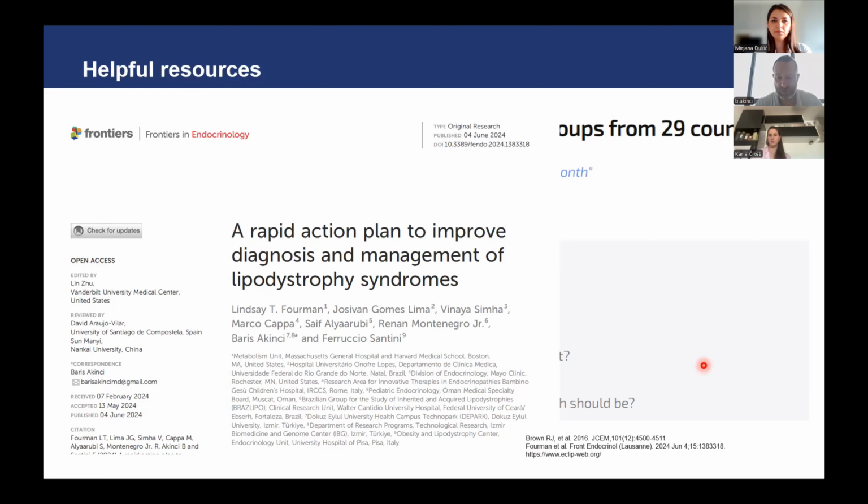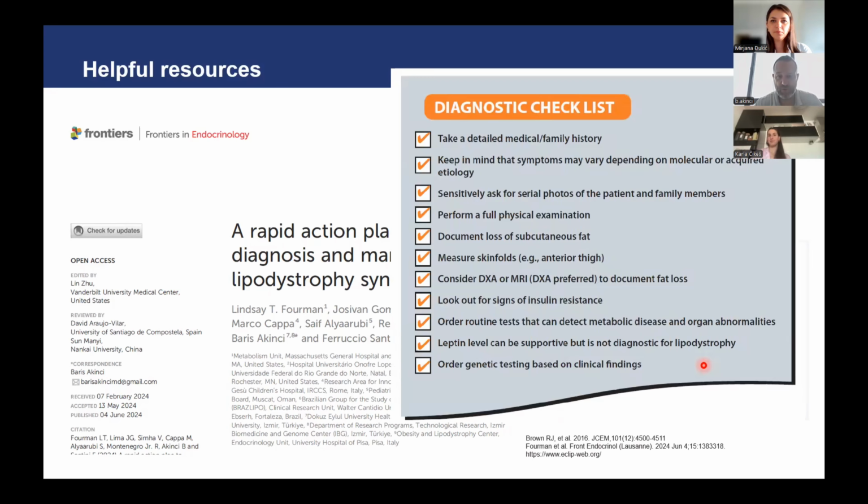This is just for a general audience, I would say, because in this paper, we try to simplify things for trainees too. So there are diagnostic checklists like this. So you can find stepwise approach to diagnose and also understand the disease state. So I think that's a very helpful resource as well.